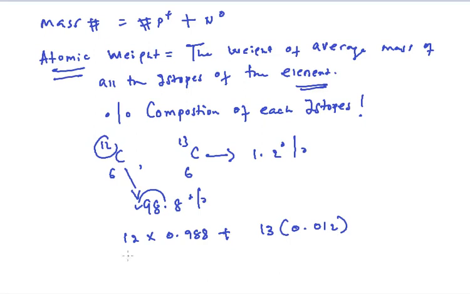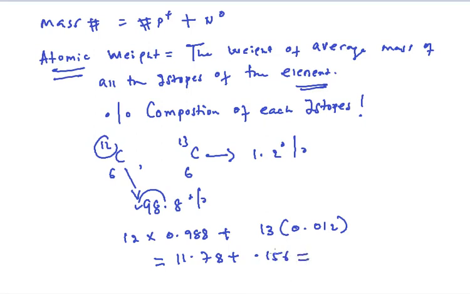So when we multiply 12 times 0.988, mathematically you may get, let me do my calculation, about 11.86, and when you multiply 13 by 0.012, if you do the calculation, it would give you around 0.156.